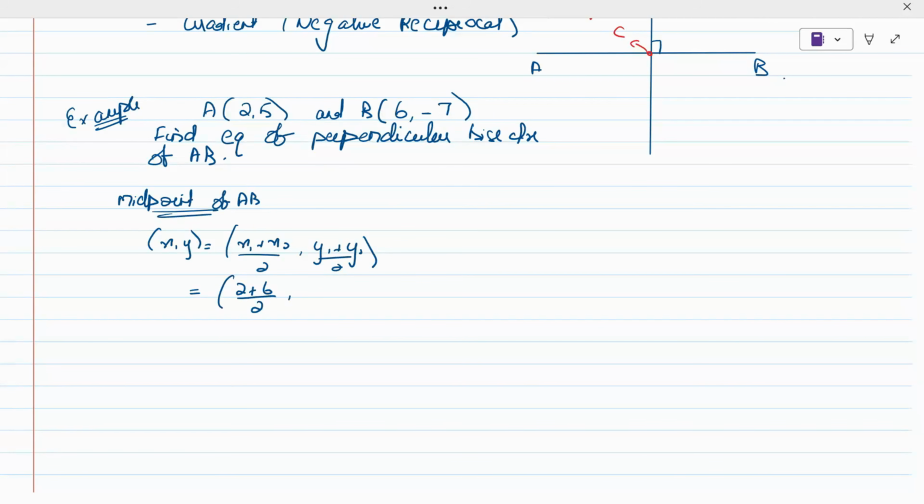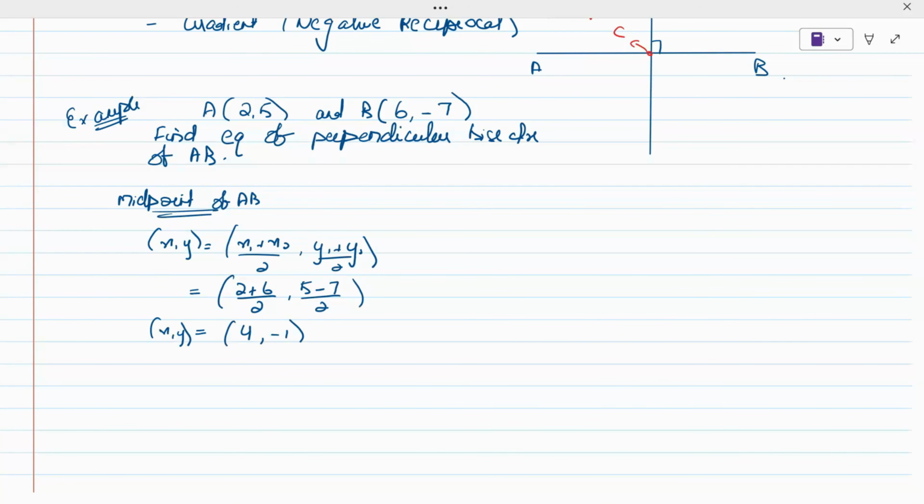And for the y coordinate, that is 5 minus 7 upon 2. So we get 2 plus 6, that's an 8, 8 upon 2, that's a 4. 5 minus 7, that's a minus 2, minus 2 upon 2, that's a minus 1. So we've got the midpoint of AB.